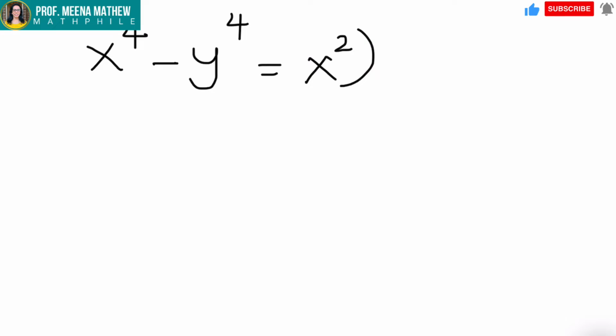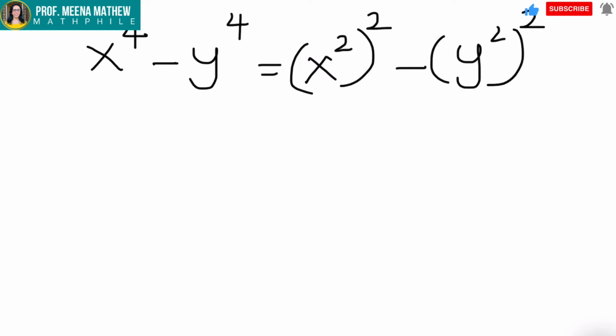Next example. X to the power 4 minus y to the power 4. So we know that x to the power 4 equals x square to the power 2, minus y square to the power 2. Here again the difference of two squares, that is x square the square minus y square the square.